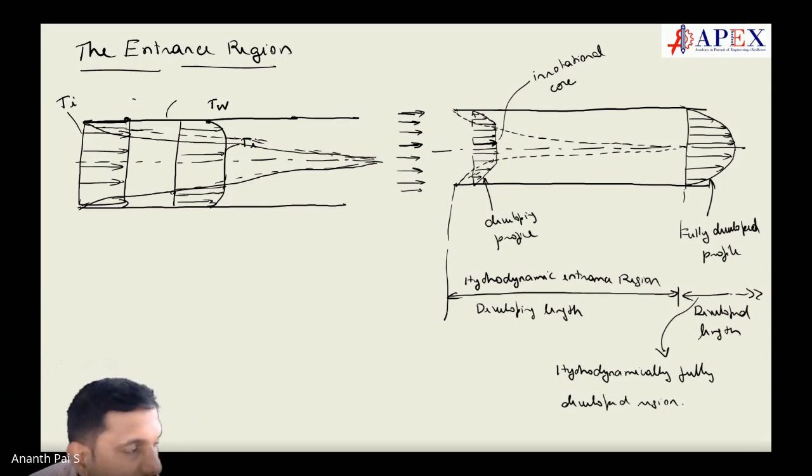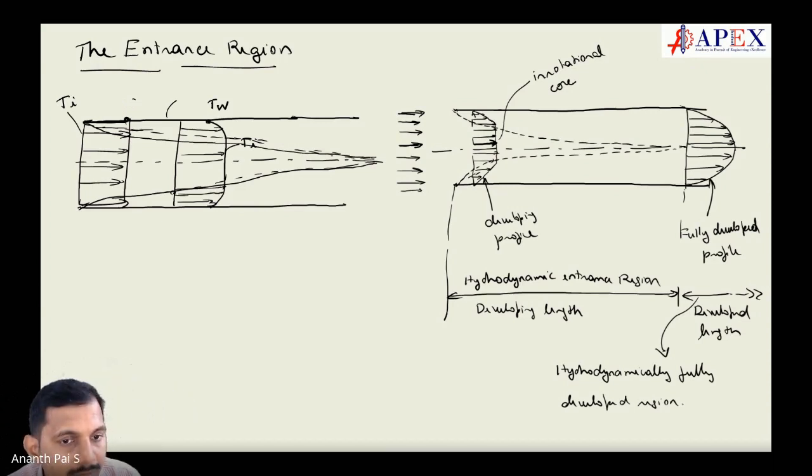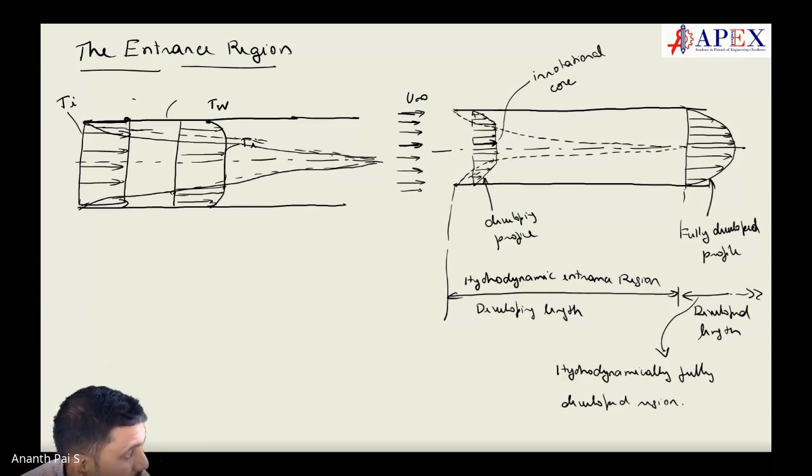Ti is the initial temperature. Which one is which? This one is hydrodynamic. This is velocity, and this is the temperature. So what is this? This is the thermal boundary layer.